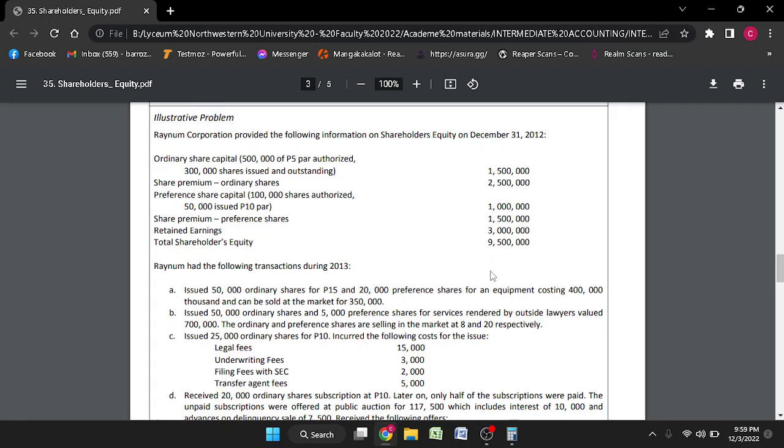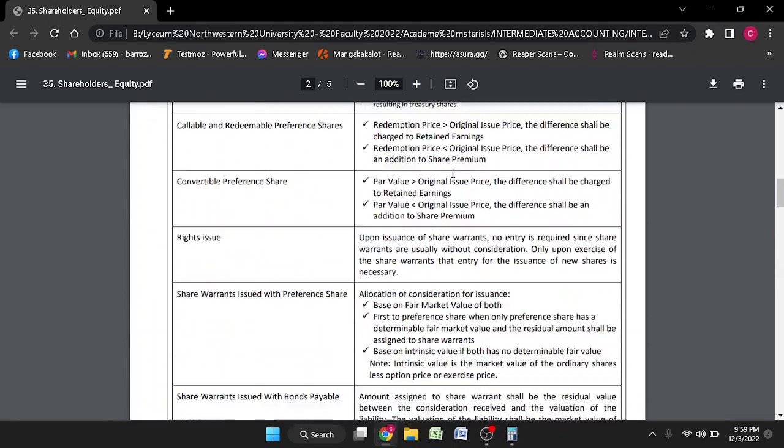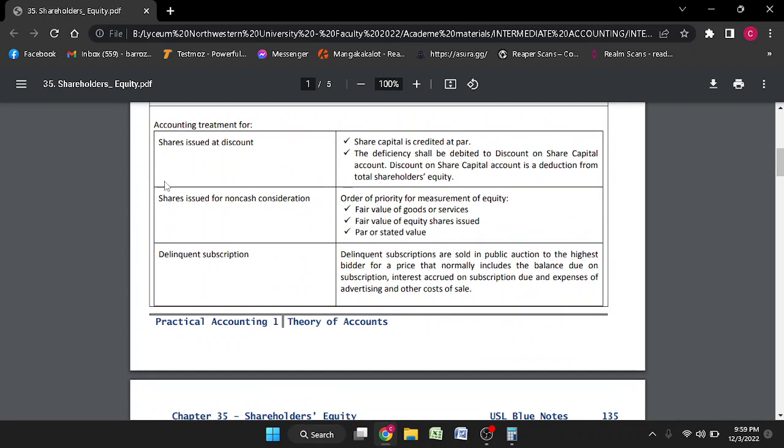So the additional information, transactions for 2013: issued 50,000 shares for 15 pesos and 20,000 shares for equipment costing 400,000 and can be sold at the market for 350,000. So it is share issuance using non-cash consideration. For shares issued for non-cash consideration, the order of priority is the fair value of goods received.